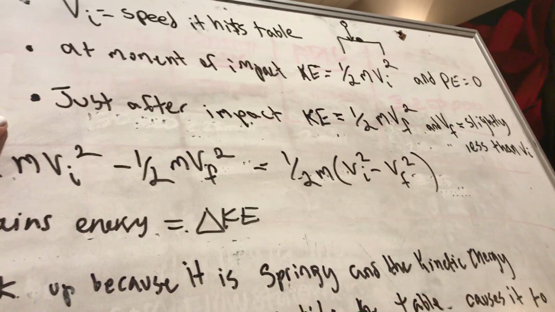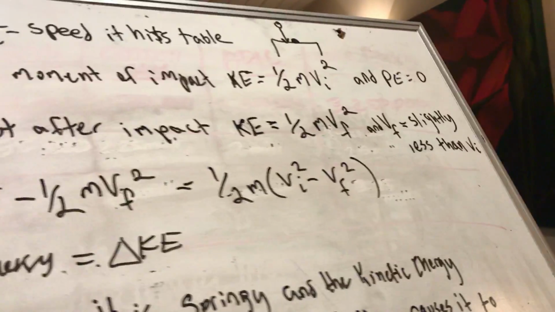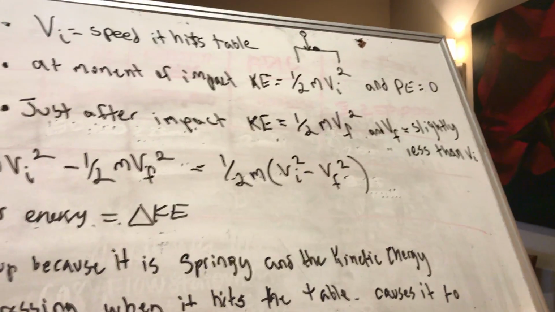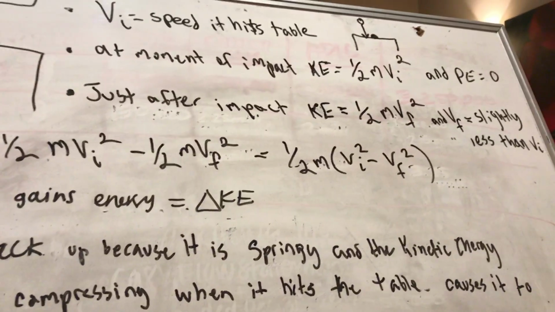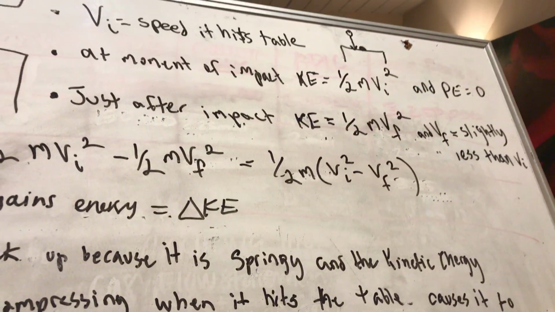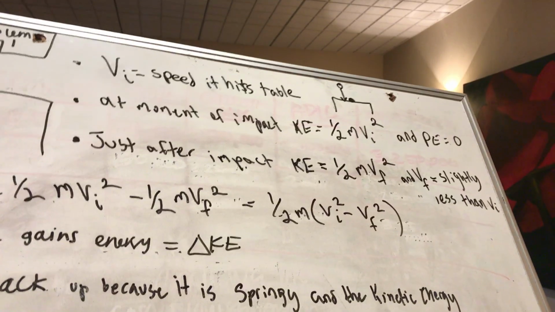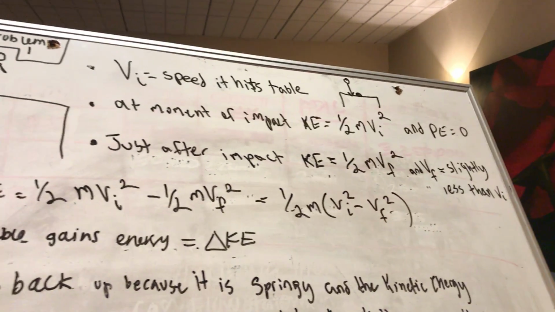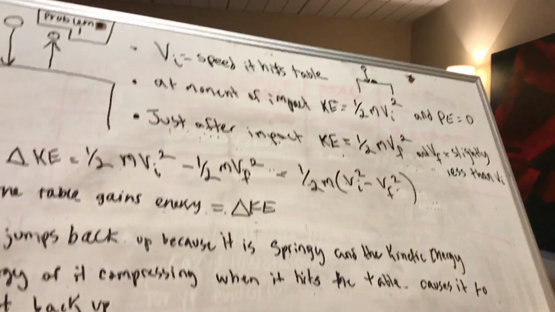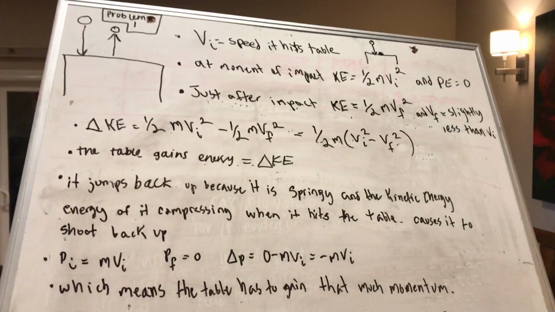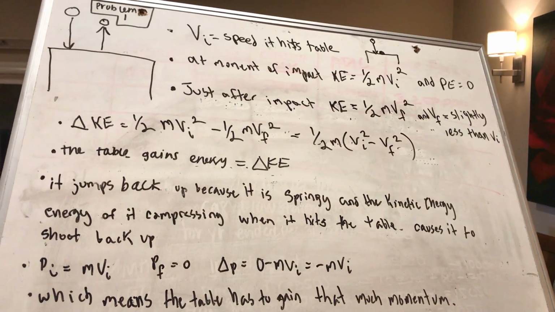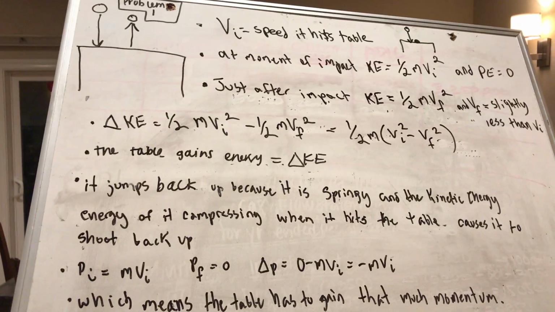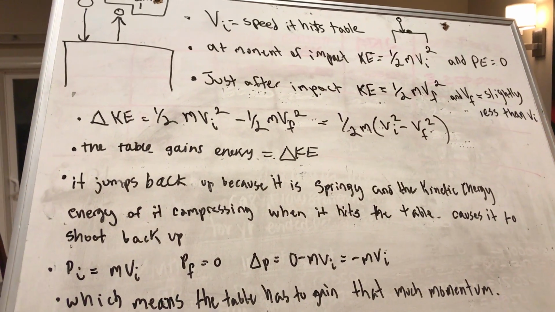Just after impact, kinetic energy equals 1/2 mass times velocity final squared, and VF is slightly less than VI. Change in kinetic energy is equal to 1/2 mass times velocity initial squared minus 1/2 the mass times the final velocity squared, which is equal to 1/2 mass times (VI squared minus VF squared).